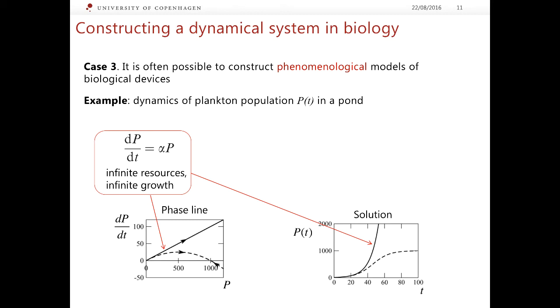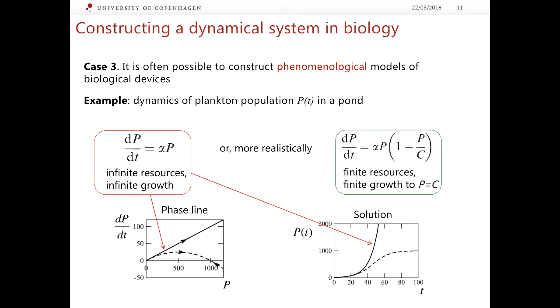Now consider a more realistic model. This model is highlighted in green box, and this model assumes that the resources are actually finite and there are enough resources to support a steady population whose size is equal to c. Now the model instantly becomes nonlinear, and if we show the phase line diagram, just like before, we show the right-hand side, the rate of change, as a function of the plankton size p.